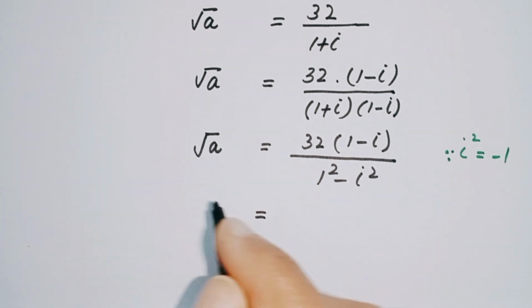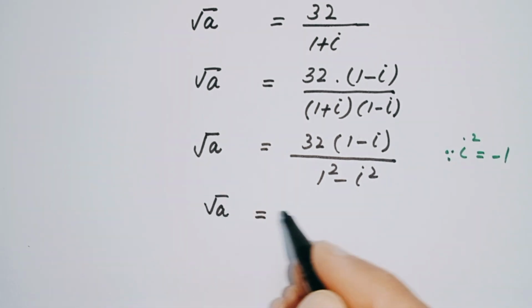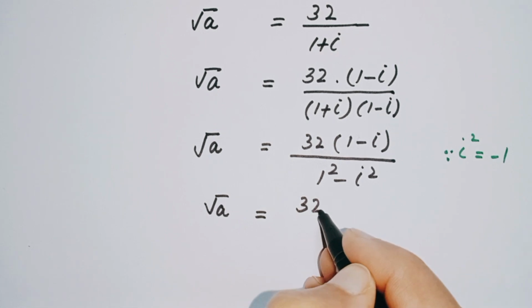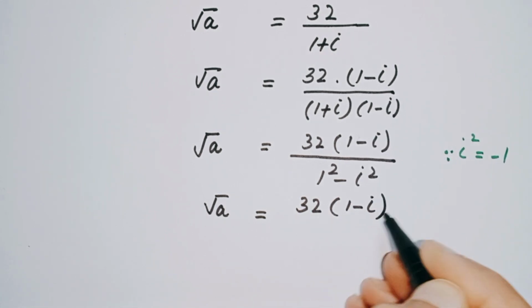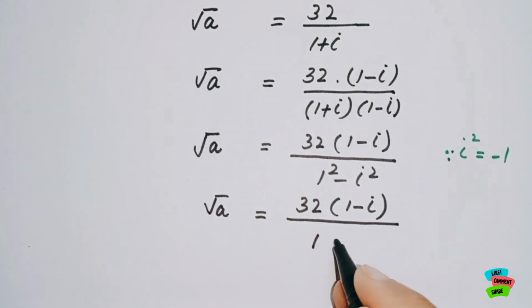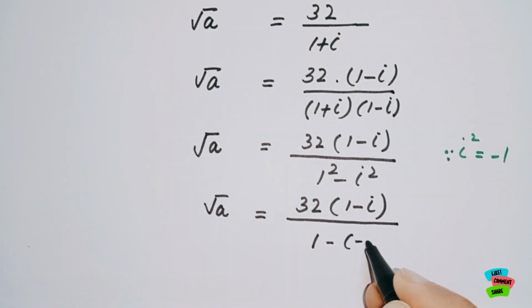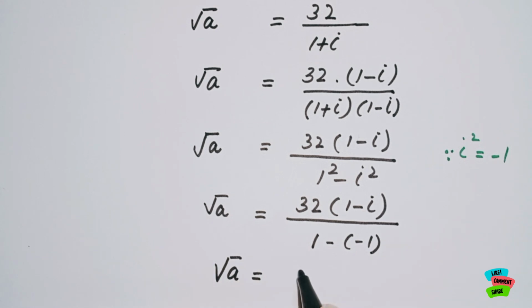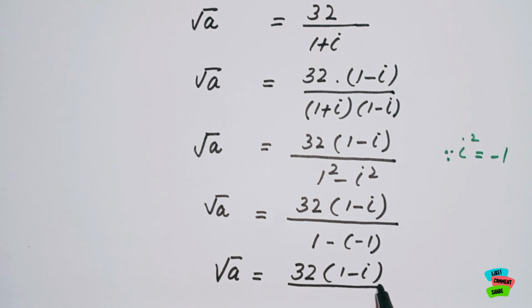So we will write in the next step square root a is equal to 32 times 1 minus i over 1 square minus i square, which is minus 1. So square root a is equal to 32 times 1 minus i over 1 plus 1.